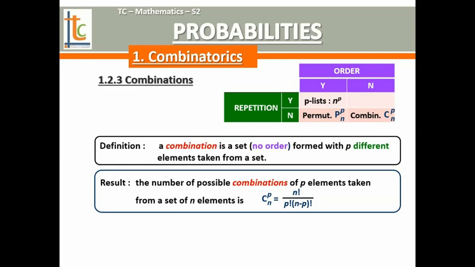It's a case where order is not to be taken into account and repetition is still possible. So it's a gamma formula which uses combinations, but not exactly the same way. So you don't have to consider that. You will always be placed in the 3 cases that appear in this table: p-list, permutations, or combinations.